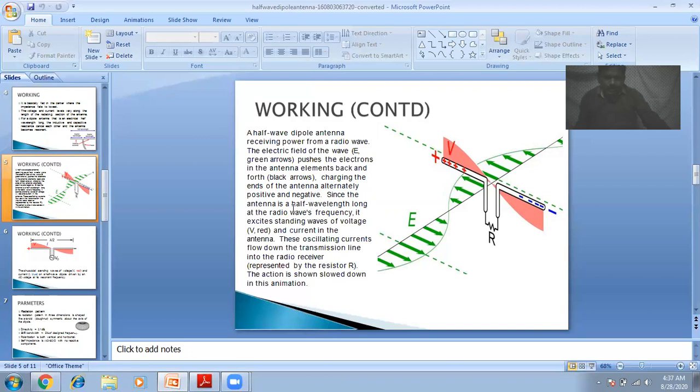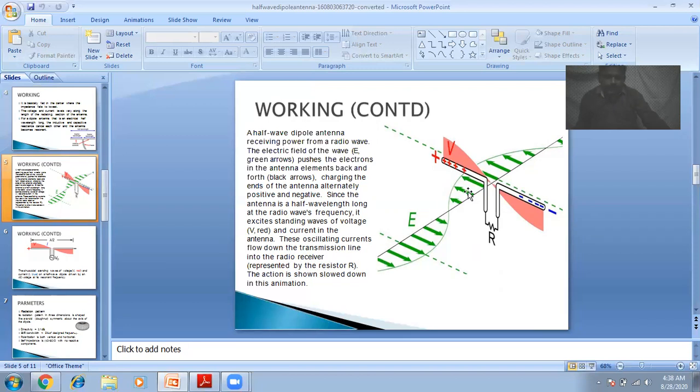Since the antenna is half a wavelength long at the radio wave's frequency, it excites standing waves along the length of the antenna. These oscillating currents flow down the transmission line into the radio receiver. This is the action shown in this animation.